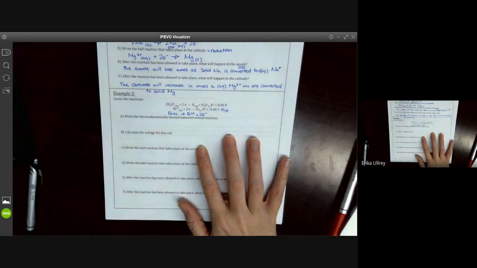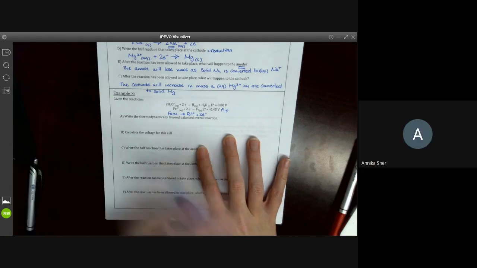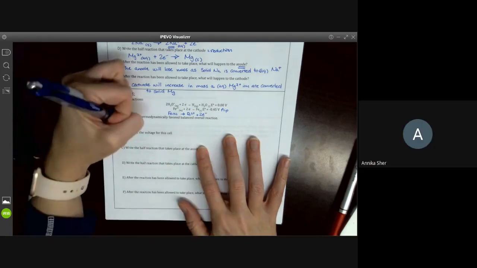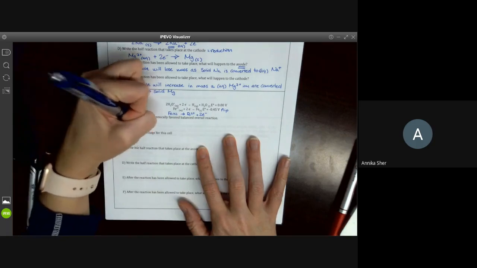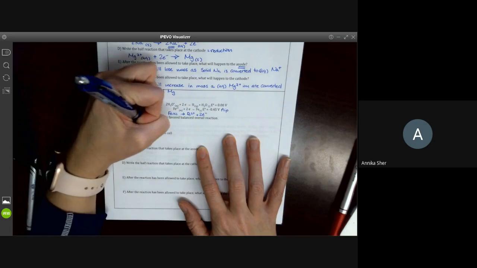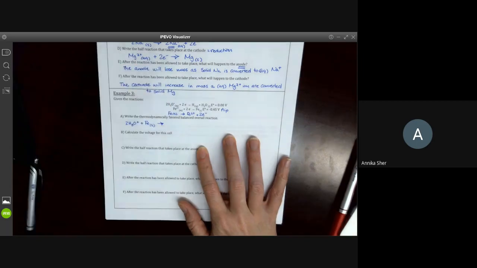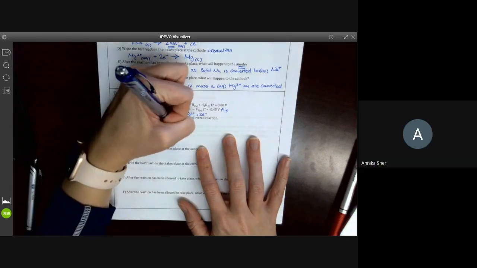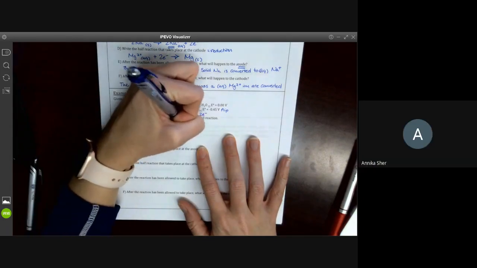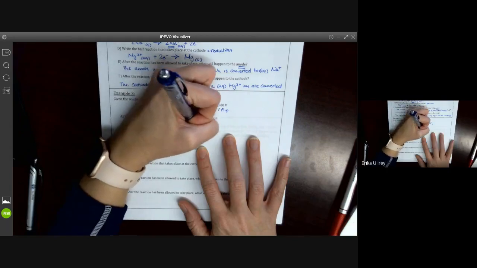So what are we going to get for our balanced equation? You would get 2 H3O+ plus the solid Fe would turn into H2 and H2O plus the Fe2+ ion. Yeah, perfect.